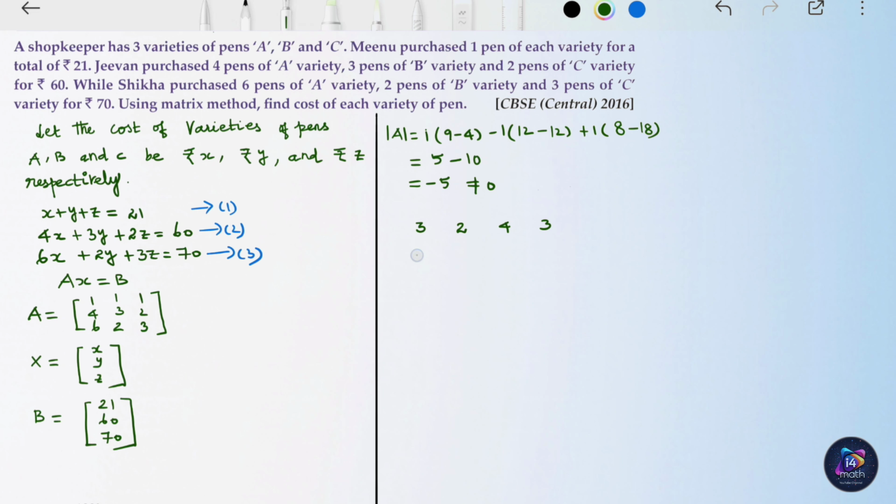Center element is 2, after 3, it is 6, after that, 2. Now go for the first row. Center element 1, and then 1, and then 1, and then 1. Next, go for the center row. Next row. Middle element is 3, and then 2, and then 4, and then 3. Next, do the cross multiplication.